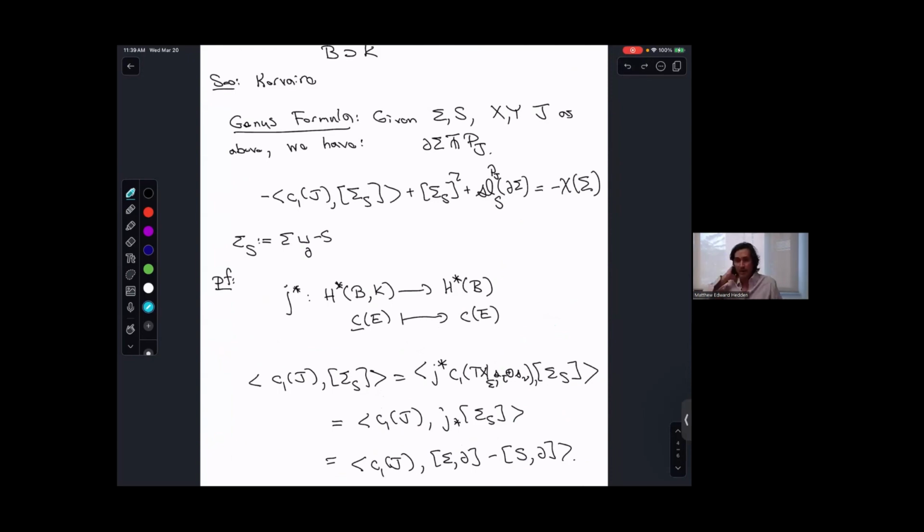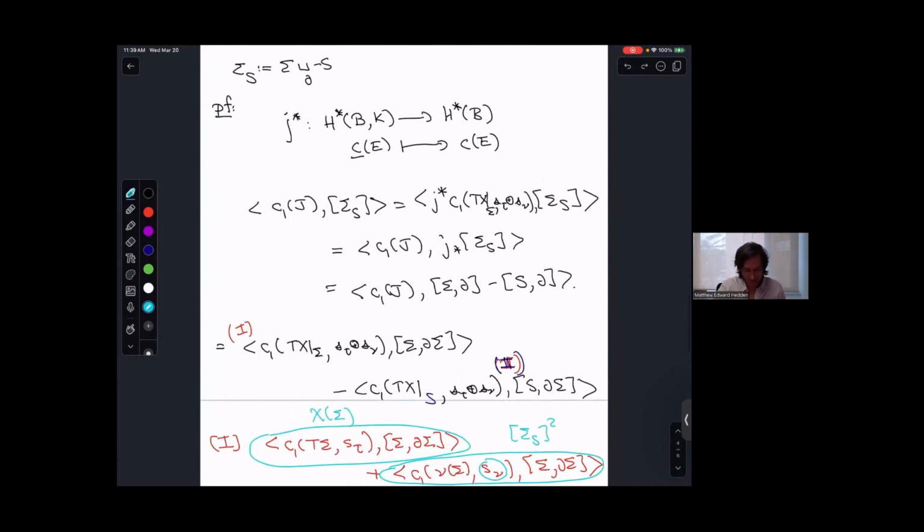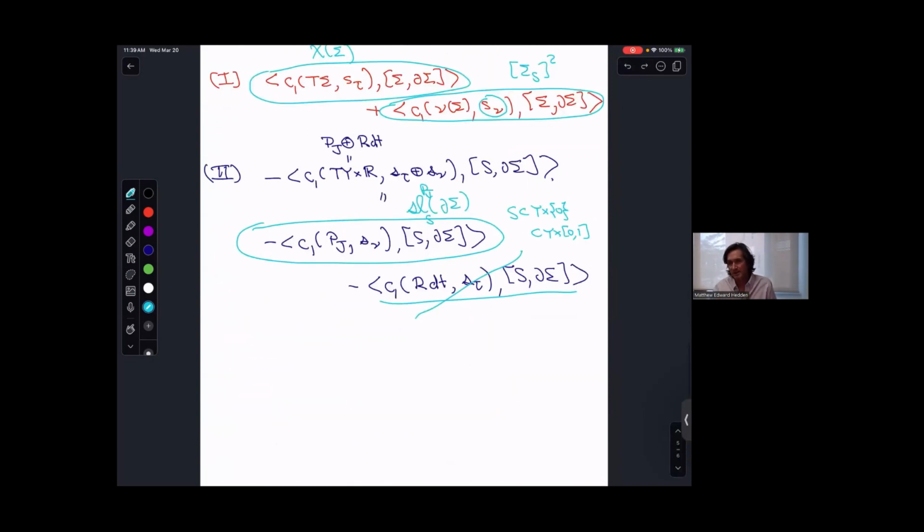And so now how do we prove a relative Thom conjecture given a genus formula? Well, just as above, we want to combine the genus formula with a relative adjunction inequality in this case.